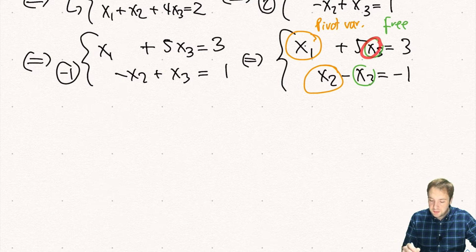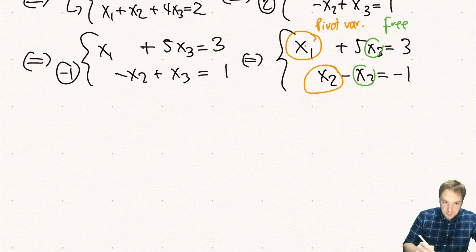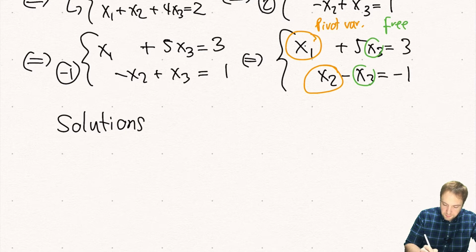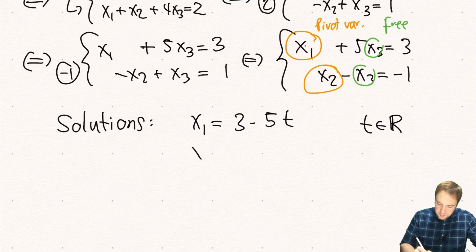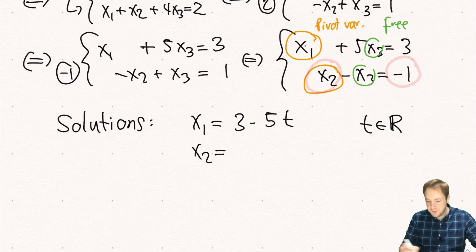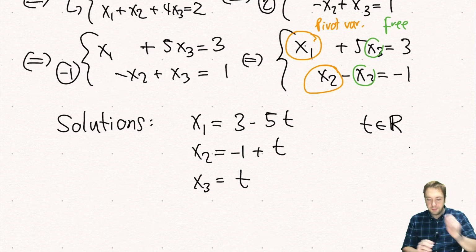So if this is t, then for example x1 is 3 minus 5 times t, where t is now an arbitrary real number. x2, the second pivot variable, is just minus 1 plus t. And x3, because it is a free variable, is just our t.